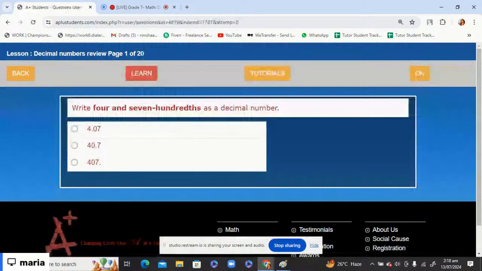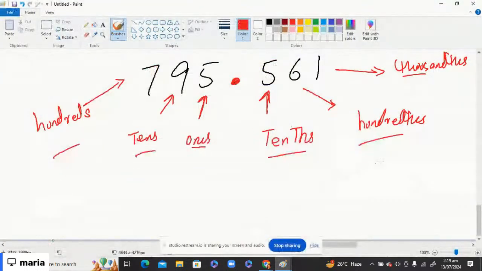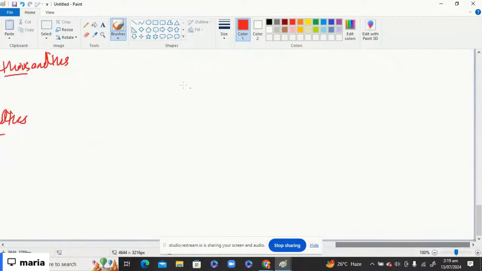Write 4 and 7 hundredths as a decimal. How to write it? Let's check. This is 4, and 7 is in the hundredths place.